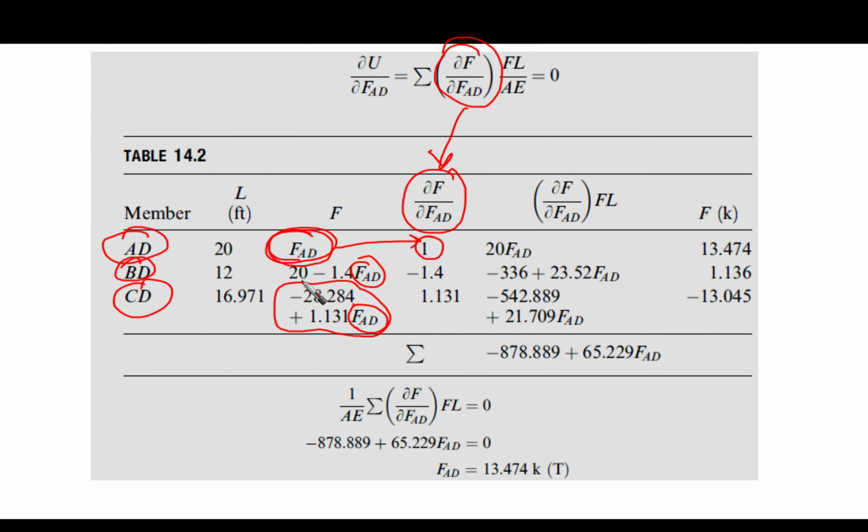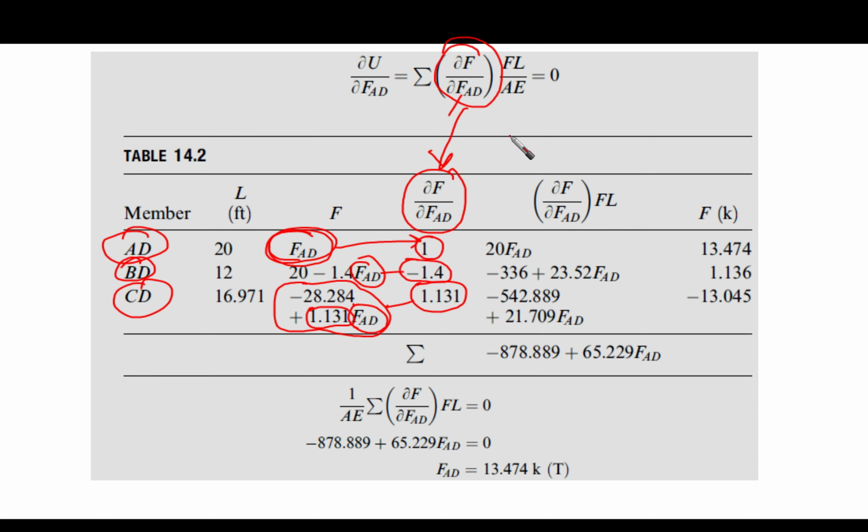Then for 20 minus 1.4 FAD, this means minus 1.4. And here it is minus 28 plus 1.1 something FAD, so the constant from the derivation is 1.3. So we have now the expression for the second term, the first term inside the summation sign.